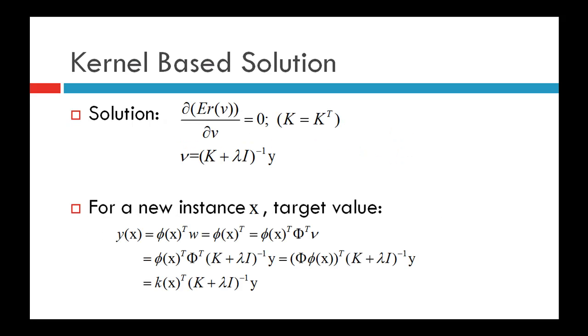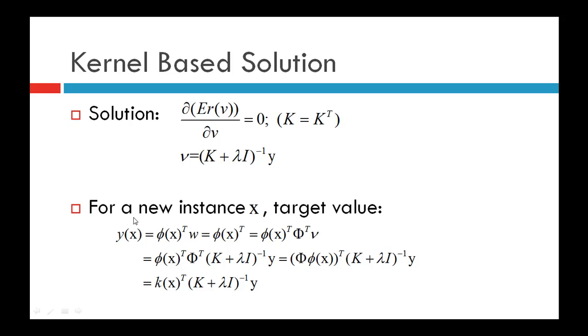Differentiating the error function with respect to nu, setting it to 0, and using the property that K is K transpose since K is a symmetric matrix, gives us the solution nu equals (K plus lambda I) inverse y, where I is an identity matrix of appropriate dimension. So this is an analytical solution for the vector nu in terms of the kernel matrix or Gram matrix K, and this is known as the dual representation of the regularized least squares problem.